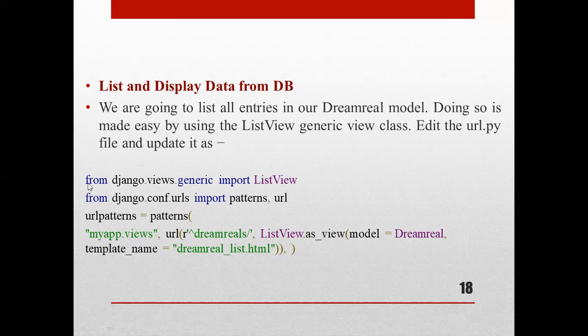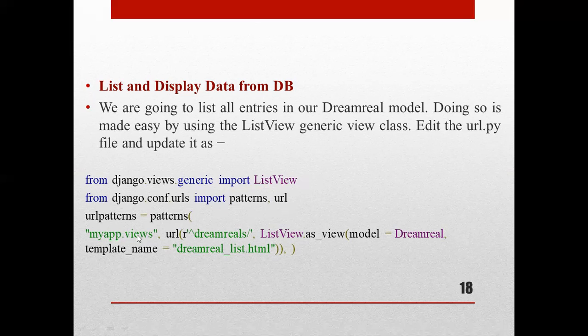In the urls.py file, from django.views.generic, we have to import ListView. Then we write from django.conf.urls import patterns, url. And we write urlpatterns = patterns('myapp.views').